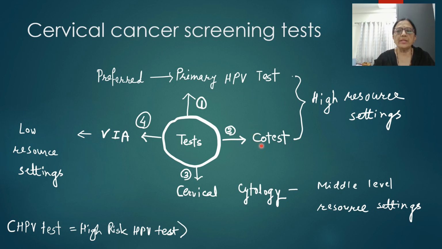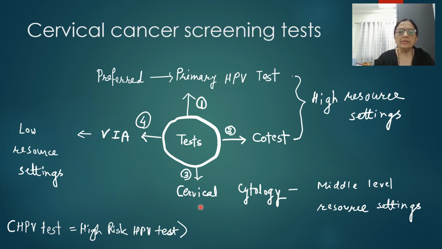The second test is co-test. Co-test is where we are using the HPV DNA test along with cytology. Now both these are available only at high resource settings, and there are still so many centers, large parts of the country like India, where the primary screening is still being done by cervical cytology.